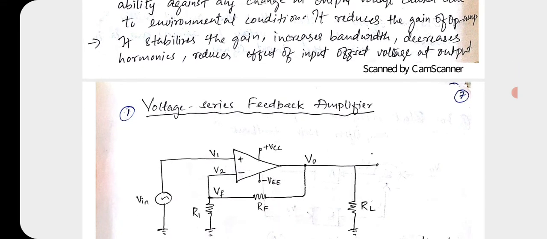The next topic as per your syllabus is negative feedback amplifier circuits, excluding derivation. This particular topic, voltage series feedback amplifier, is under negative feedback amplifier as per your Gayakwad book, Operational Amplifiers and Linear ICs.